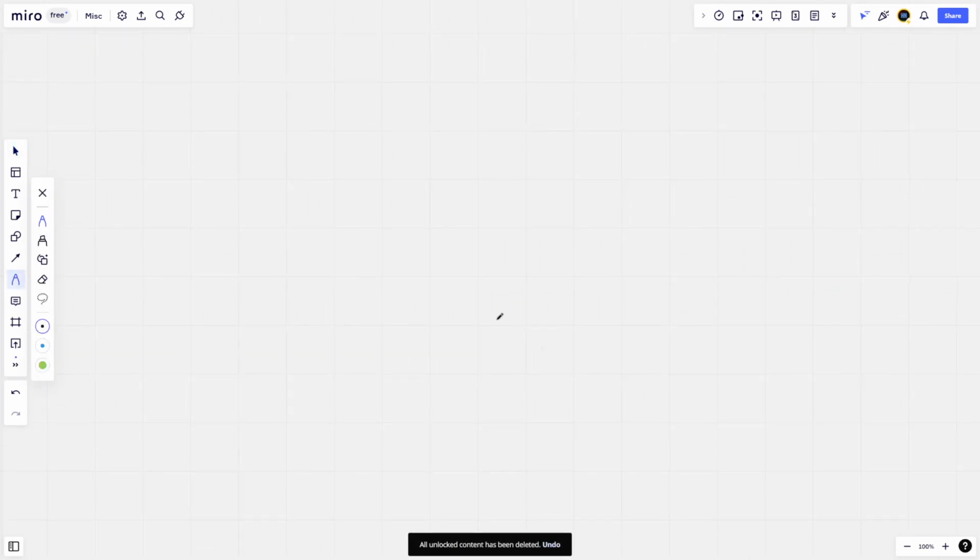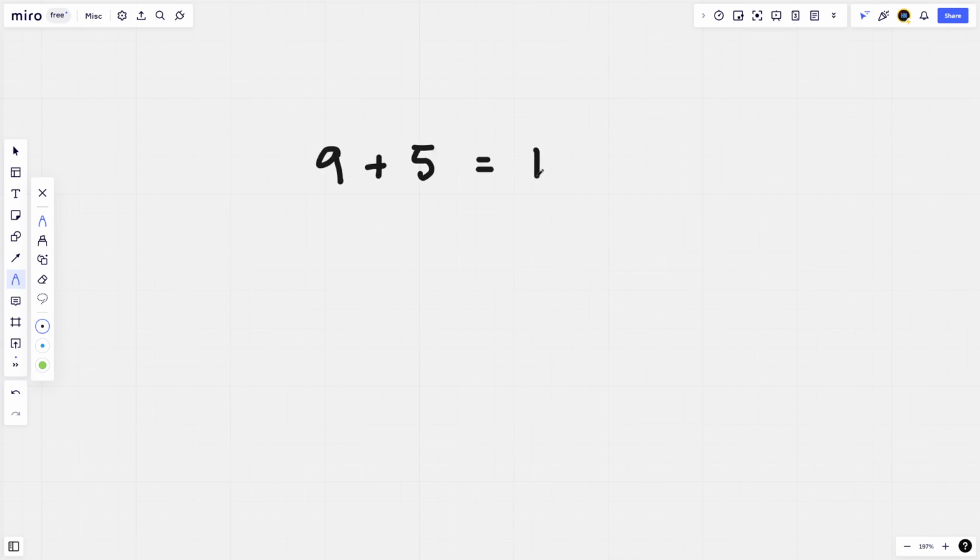So what can you do with these? Well, most standard operations still exist. You still have addition. So let's say we're working with mod 12, so going to 12-hour time, for example. 9 plus 5 is equal to 14, right? Which is equivalent to 2 under mod 12.